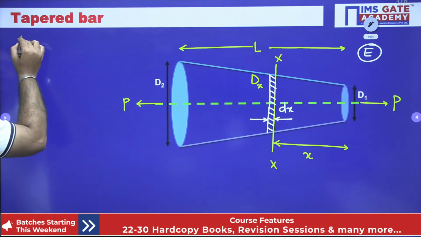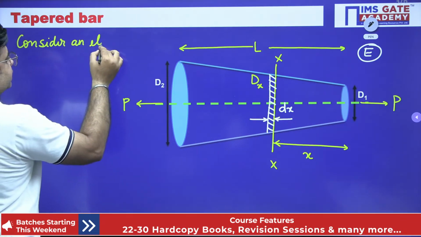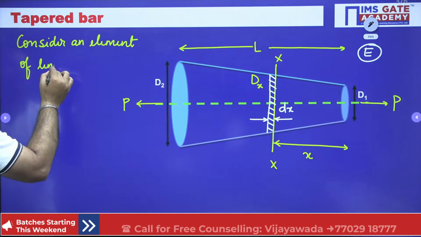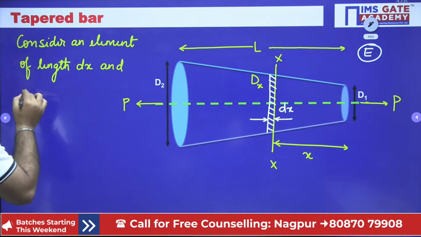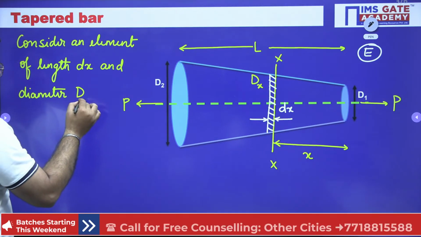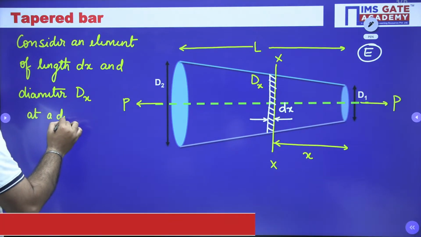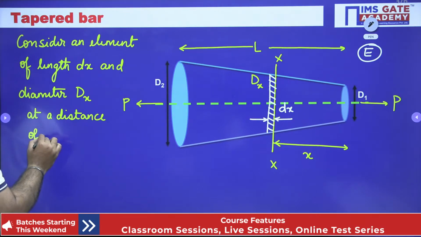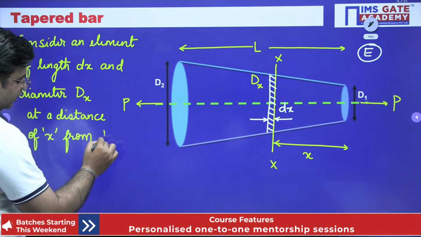So consider an element of length dx and diameter Dx at a distance of x units from D1.